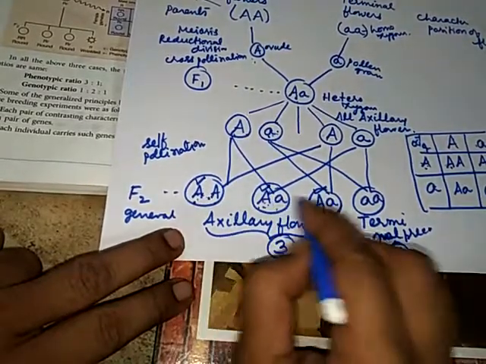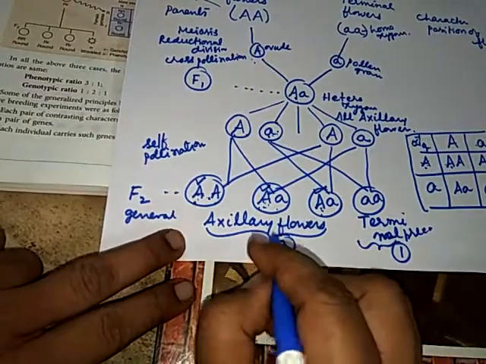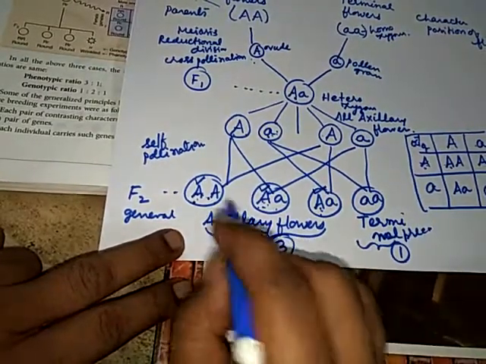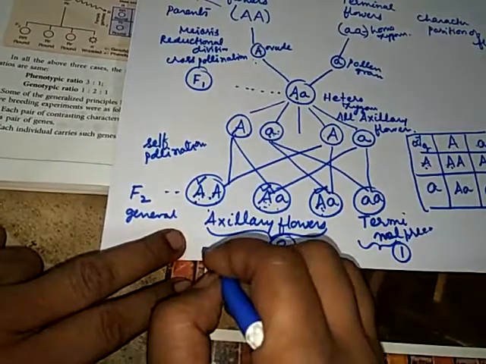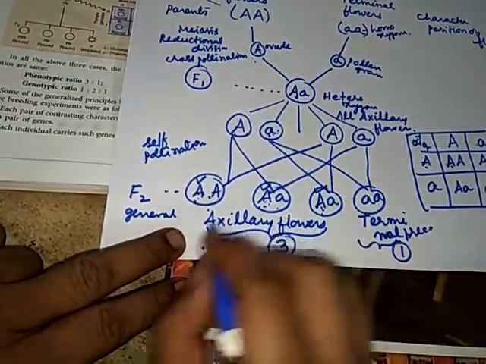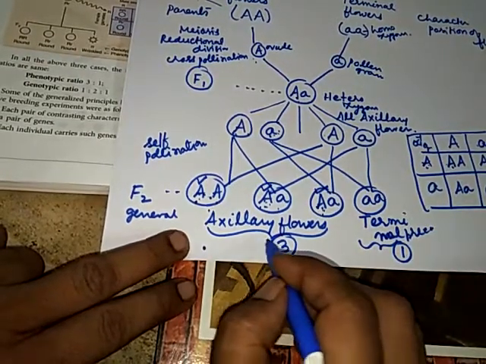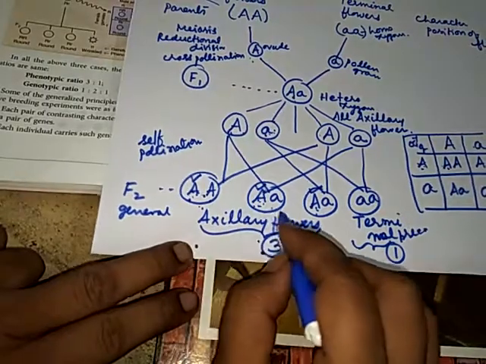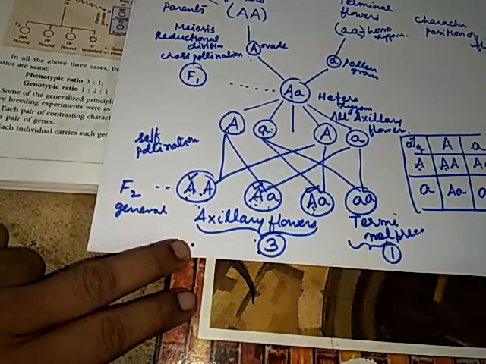So the axillary character of the flower is very much dominant, and our law of dominance proves that here. In the self-pollination of the F2 generation, out of 4 offspring, 3 are axillary, the dominating character. The law of dominance says that the dominating character is always putting the mask on the recessive character.